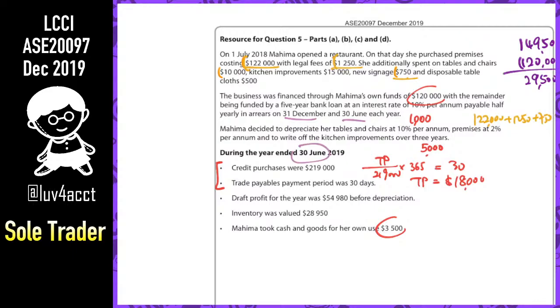That means we should have paid the interest by the end of the year, so there is no interest accrual. But we have to be careful, because if the loan is not taken out on the 1st of July, for example on the 1st of October, then we should have 3 months of interest accrued.